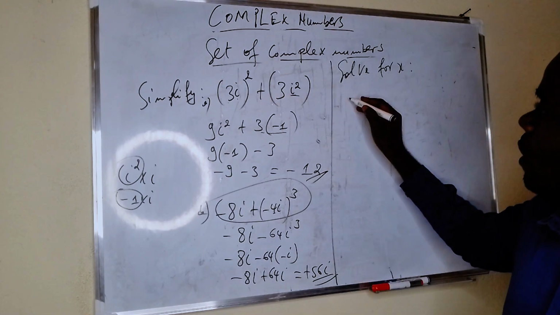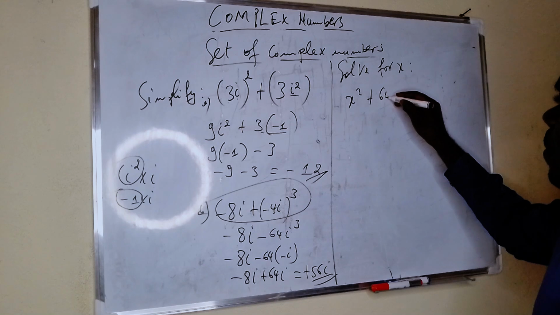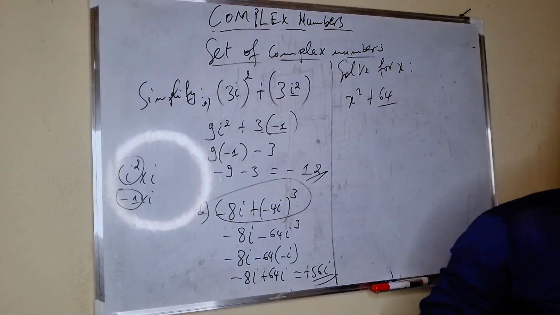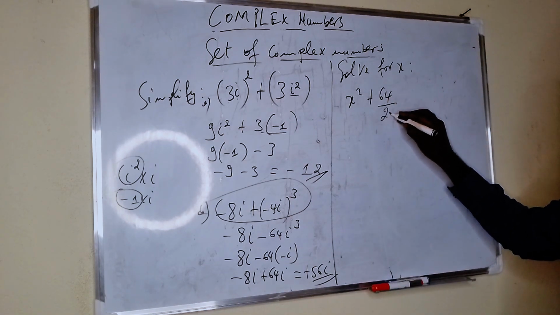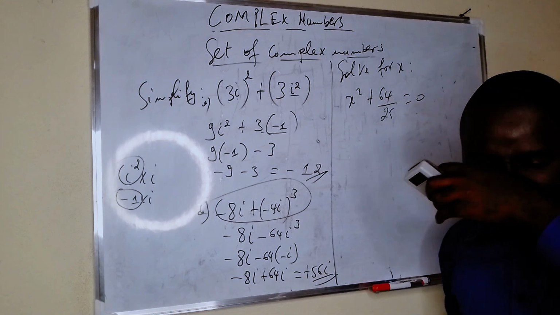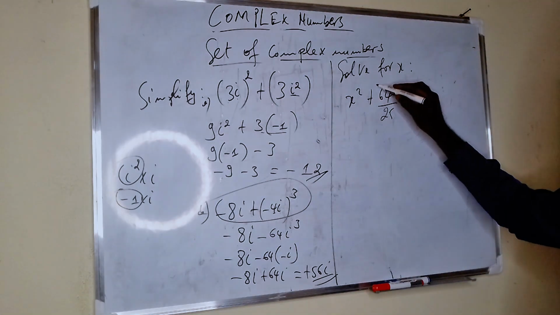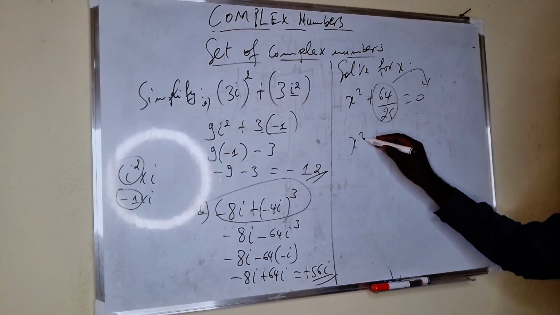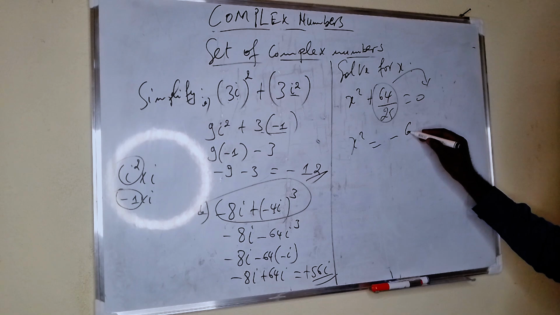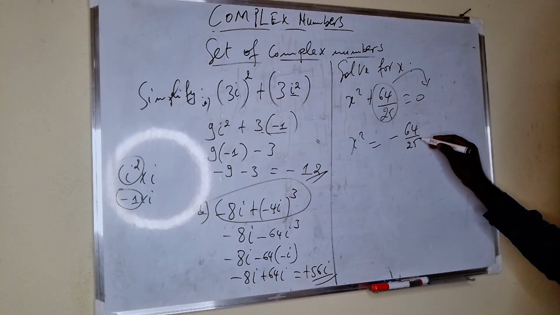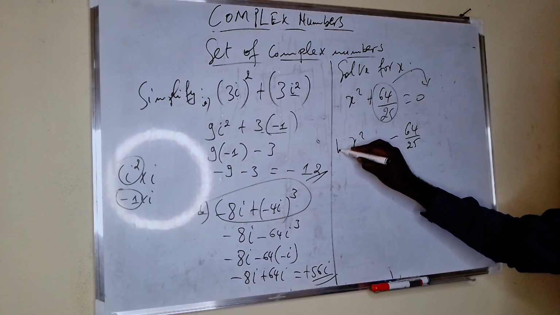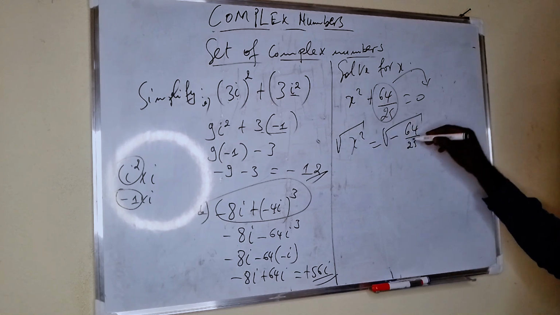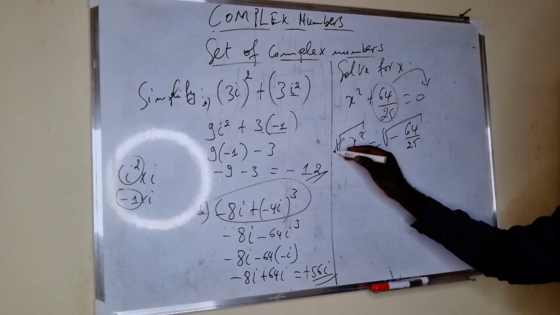We have x squared plus 64 over 25 equal to 0. When we are going to solve this, we take this to the other part. So we get x squared, which is equal to negative 64 over 25. And automatically we need to put the square root on both sides. When you put the square root, this square is eliminated.